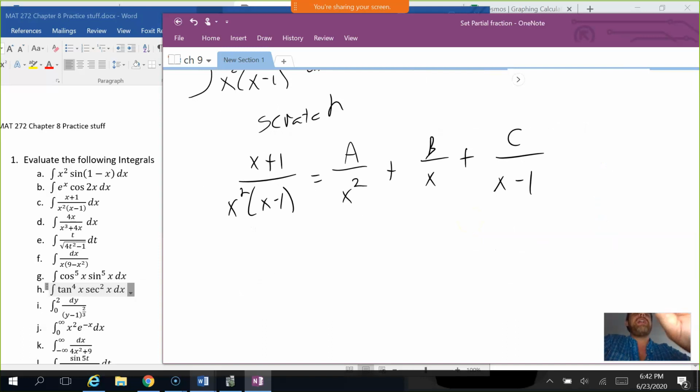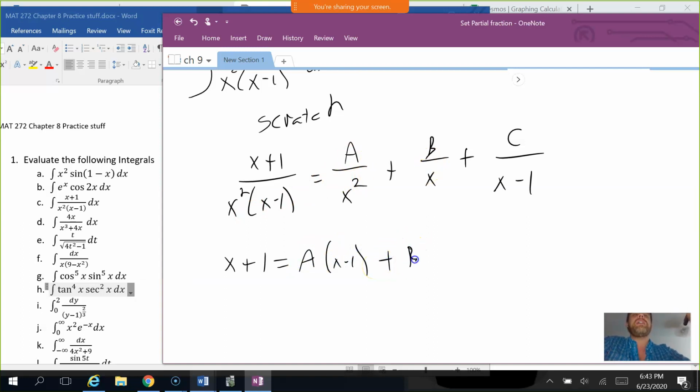Now we want to find the a, the b, and the c. We're going to do that by multiplying this denominator onto both sides of my equation. When you multiply it on the left-hand side, everything cancels except for that x plus 1. When you multiply it on the right-hand side by this first fraction, the x squareds cancel. We get the a coming down, and we get the x minus 1 factor.